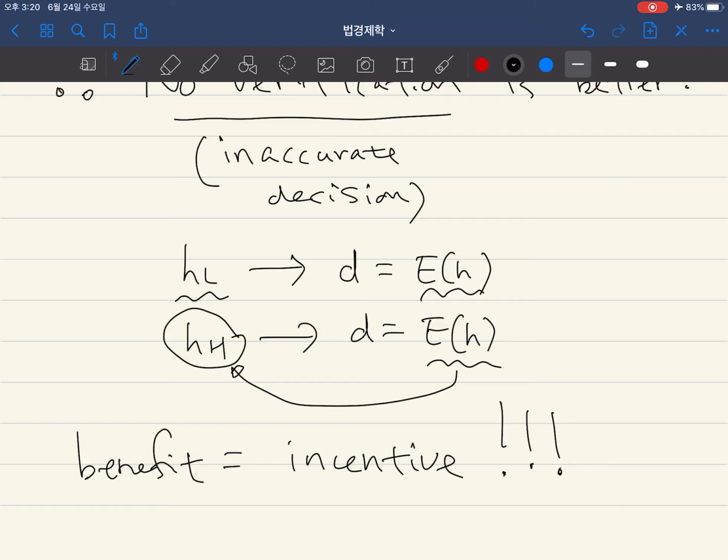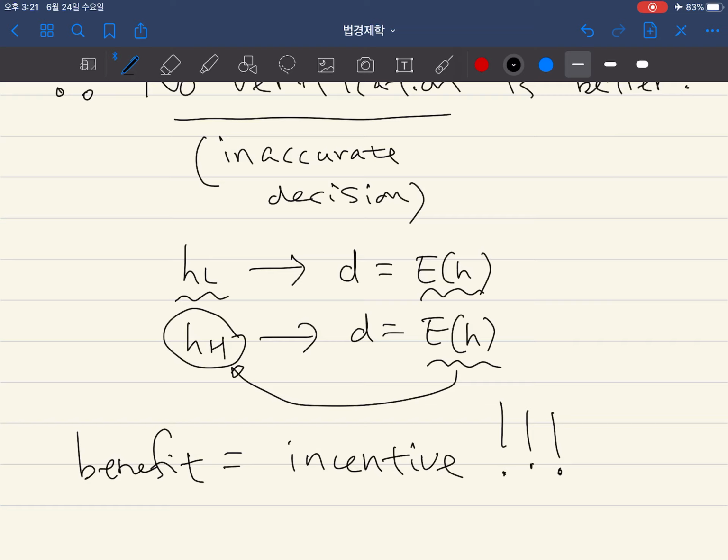In the lecture before, in the first part of this section, we saw that if the defendant knows the actual harm, there is a desirable incentive effect. So the defendant tries to be more careful when actual harm is big and less careful when actual harm is small, and this is beneficial for our society.